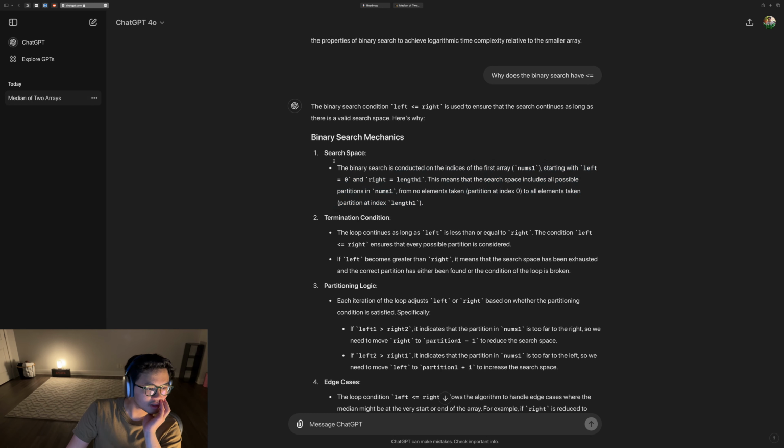Binary search is conducted on all indices of the first array, starting with left equals 0, right equals length minus 1.